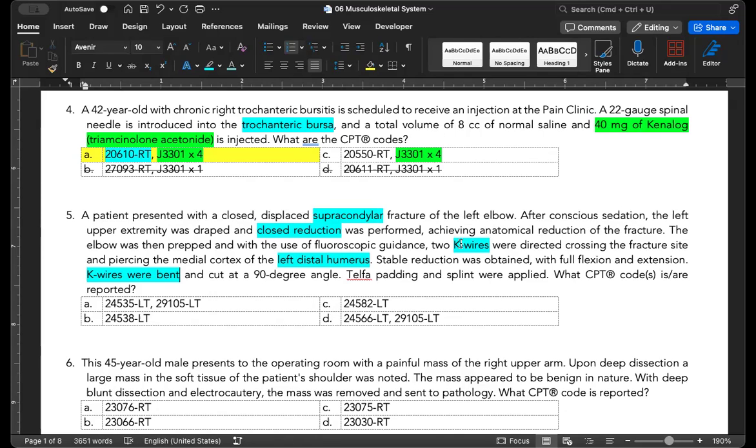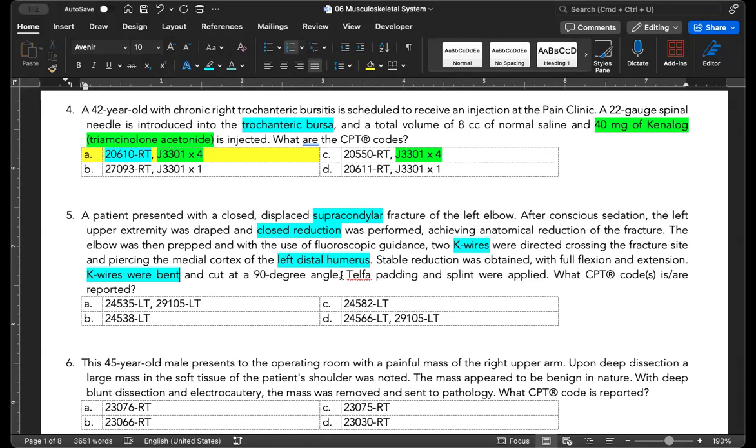So your code description for 24538 is percutaneous skeletal fixation of a supracondylar or a transcondylar humeral fracture, with or without intercondylar extension. So because we had the percutaneous skeletal fixation, which is your K wires, the anatomic location is that supracondylar fracture of the humerus.